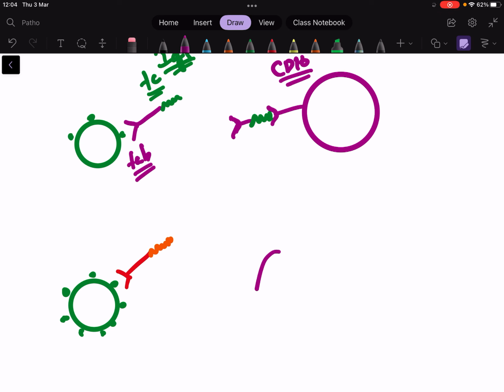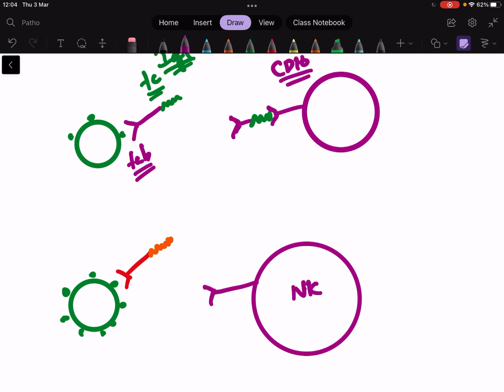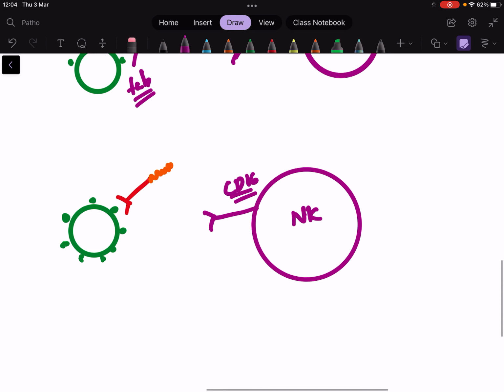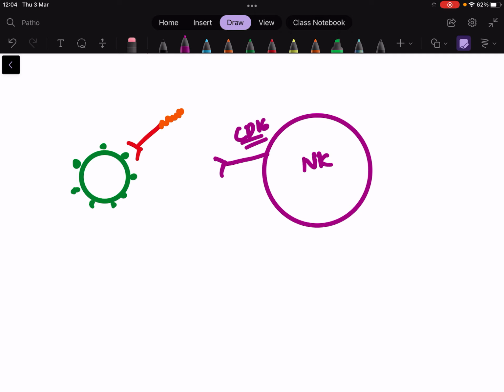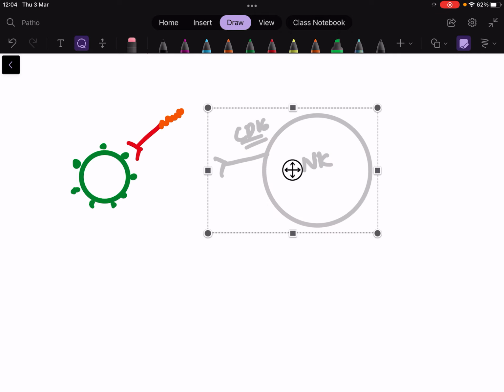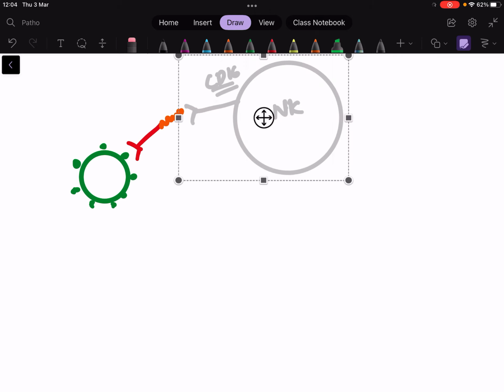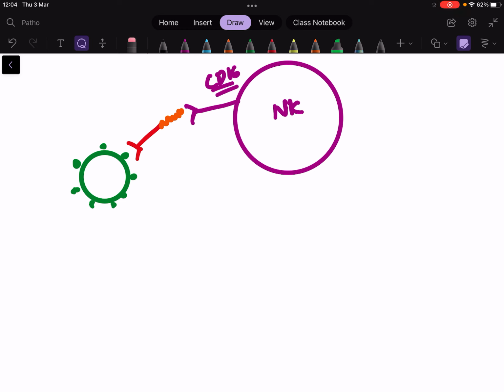The natural killer cells which have the CD16 receptor will go and bind with the Fc portion of the immunoglobulin G, the orange one, and eventually the natural killer cells will eliminate this target or microbe.